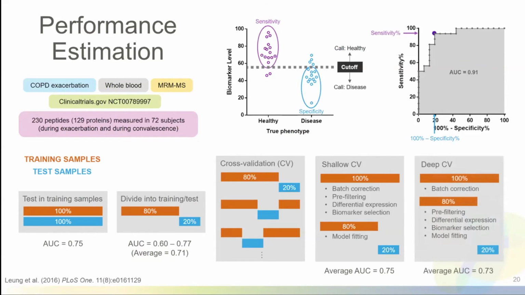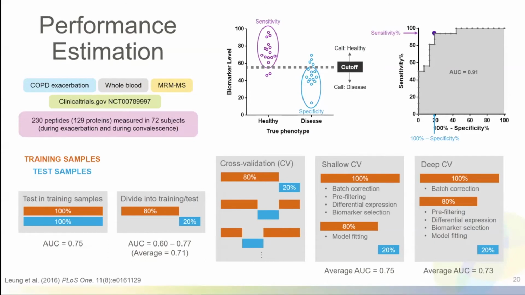In deep cross-validation, we would do as many of the biomarker discovery steps as possible within the cross-validation itself. And so the 80% that is being used for training is a separate set of samples from the 20% that's used to test.